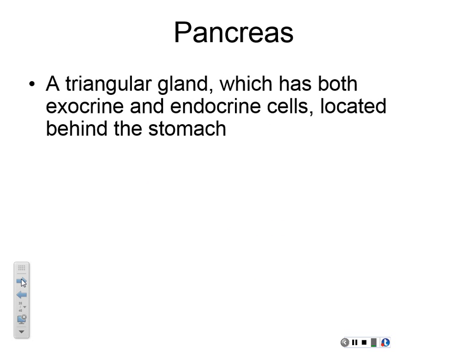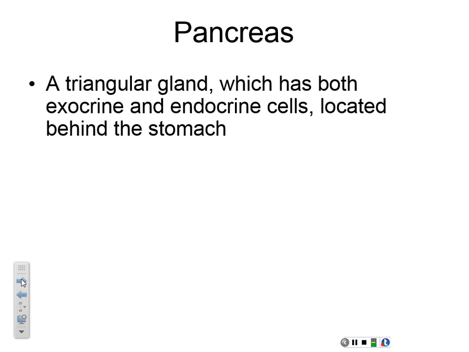Okay, so now we move on to the pancreas. Like we talked about, well, we didn't talk about it that much, it has an exocrine section that produces enzymes involved in digestion, because it connects to the small intestine. But it also has an endocrine function. That's why we talk about the pancreas as one of the endocrine glands, although it's not strictly endocrine.